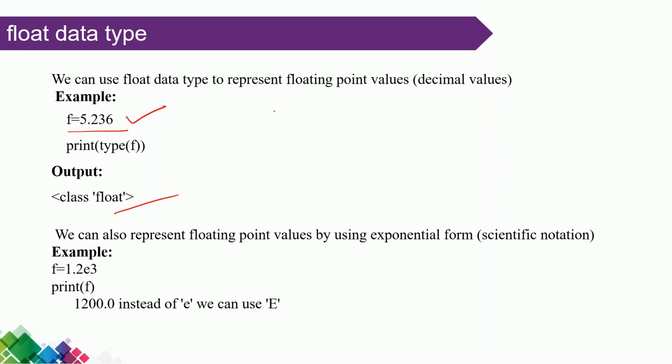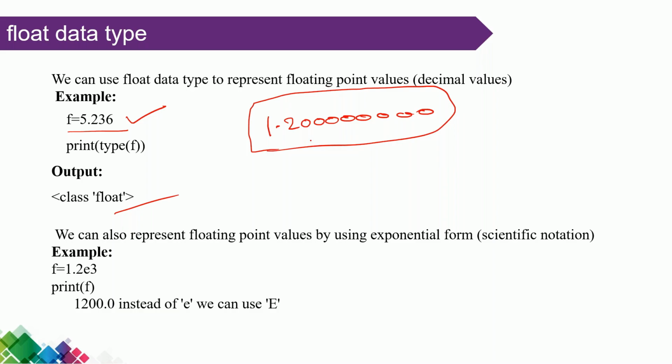For example, if you have a large number, assume 1.2000000000 and so on. Generally, representing this type of number is some wastage of time. Instead of that, we are representing the numbers in exponential form, also called scientific notation.